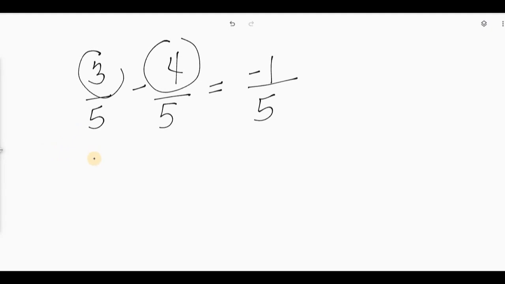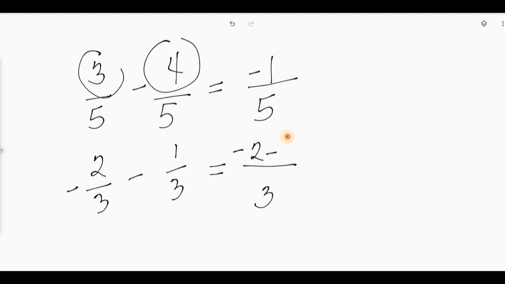Another example, -2/3 minus 1/3. Okay? So, same denominator, just copy the denominator. And then, sulat natin para hindi malito, -2 minus 1, which is our numerator. It's negative. Okay?